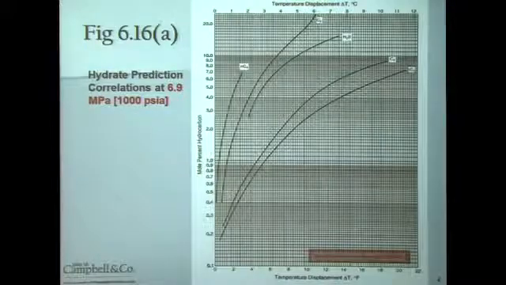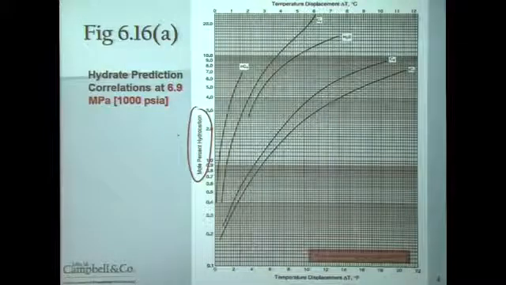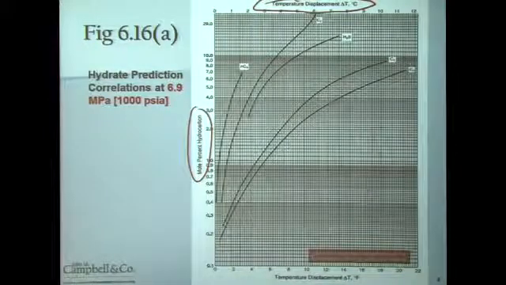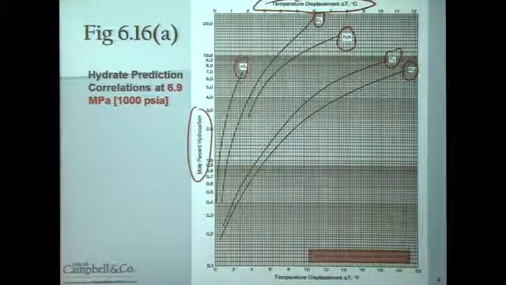Here we see one chart that plots the mole percent of hydrocarbons versus a temperature displacement. And the parameters are various components. We'll have normal butane, ethane, hydrogen sulfide, propane, and isobutane.